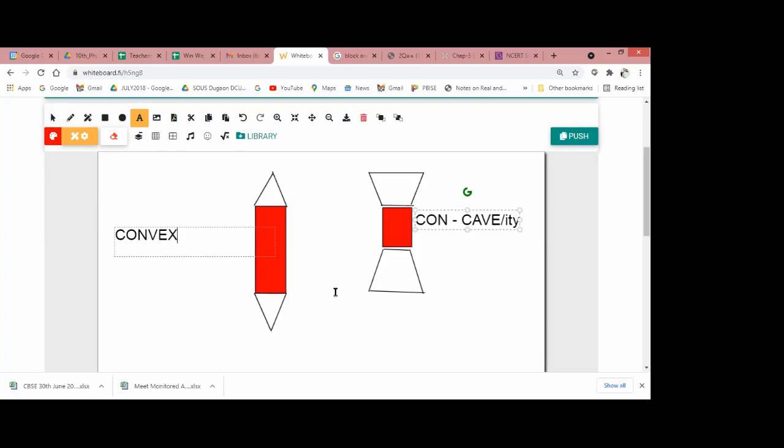So there are two types of spherical mirrors. One is a concave mirror, and one is a convex mirror. What basics have you all studied with these two kinds of mirrors? The way in which they are curved, one is inside and then outside.